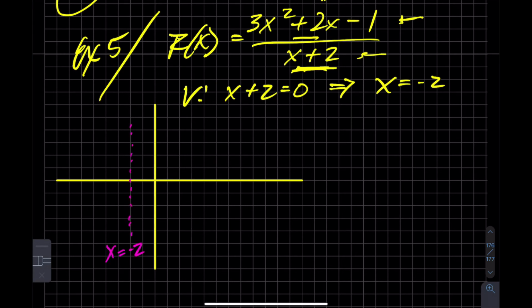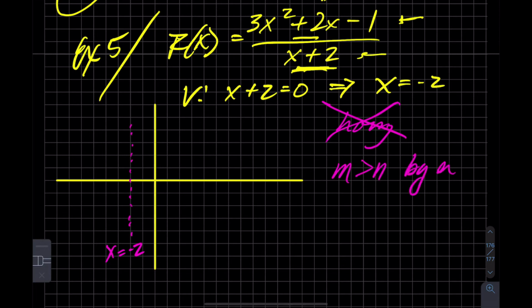Now, what is happening with the other asymptote? Well, it's not horizontal. This particular one, if m is greater than n by exactly 1, in this case it is 2 versus this 1, right?